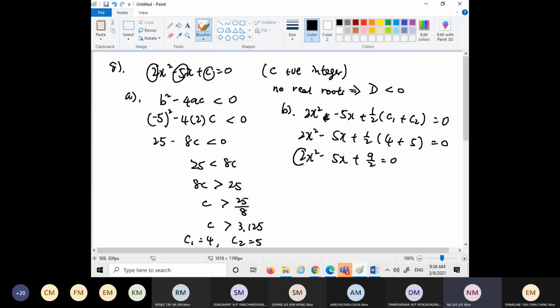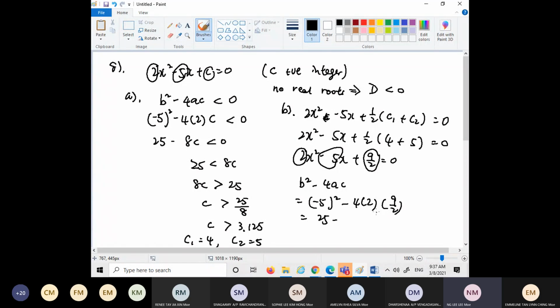Okay, so this is the A, this is the B, and this is the C. So I'm going to show that the B squared minus 4AC is what? -5 squared minus 4. A is 2, C is 9 over 2.